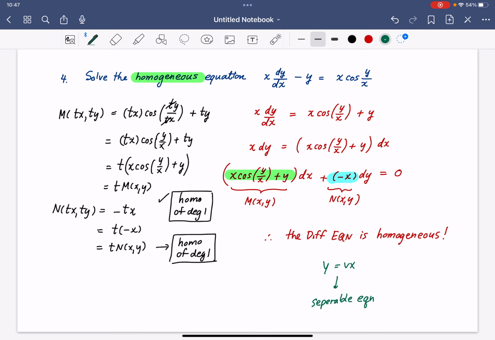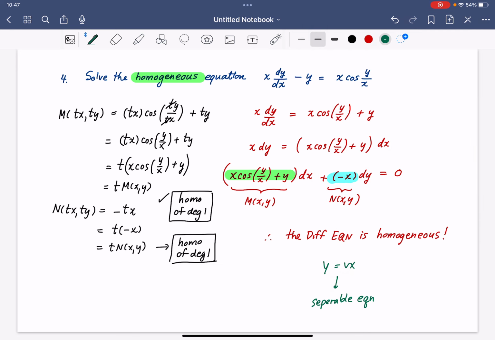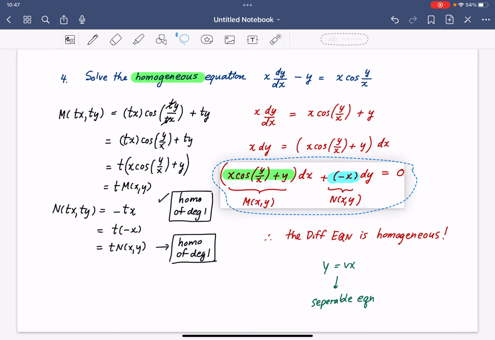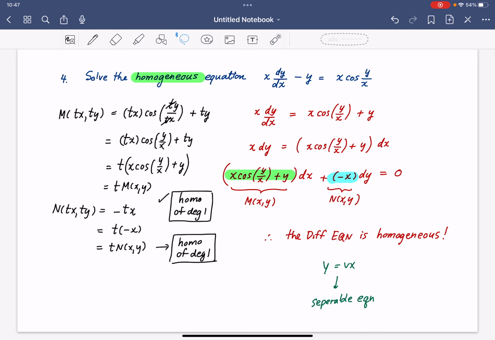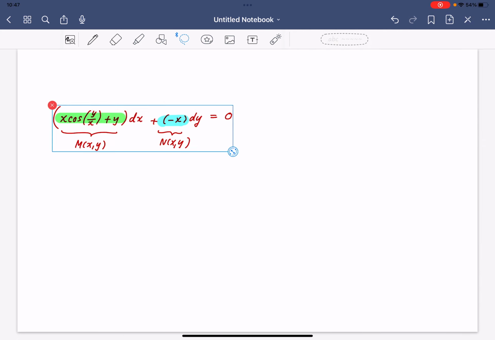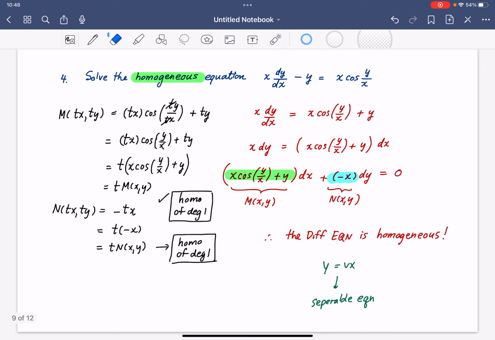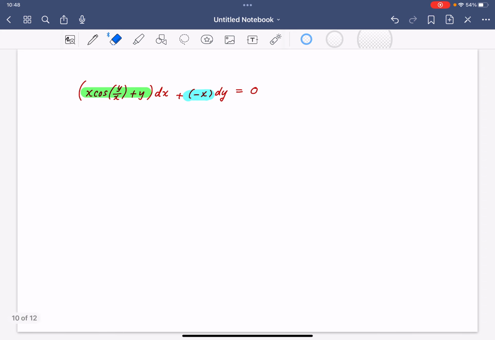But okay, let's solve this one very quickly here. We have this equation. We're going to take this equation to the next page, and then we're going to do y equal to vx.